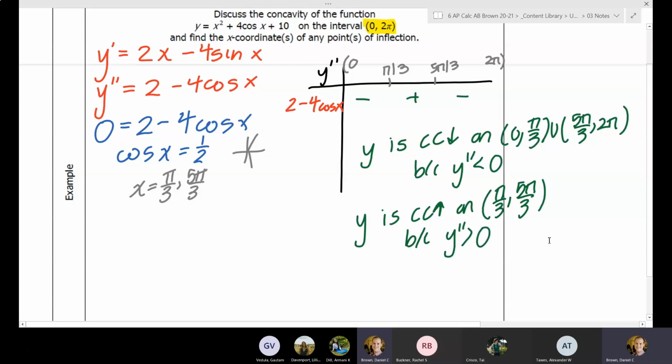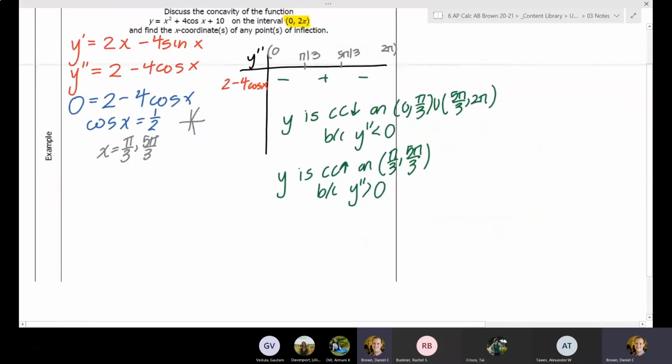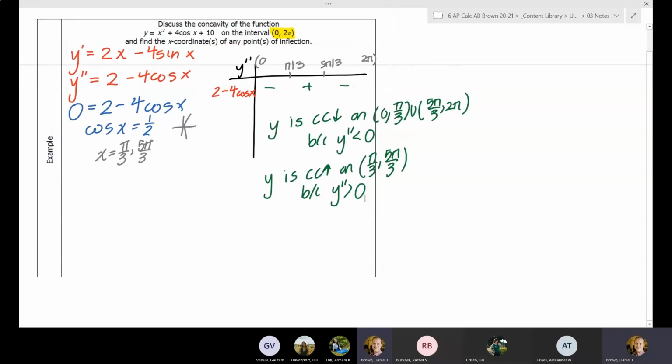And then this also did ask us to find the points of inflection. So points of inflection are where the second derivative changes signs. So you want to make sure you still go to your sign chart. And I see at pi over 3, it goes from negative to positive, so pi over 3 would be considered a point of inflection.